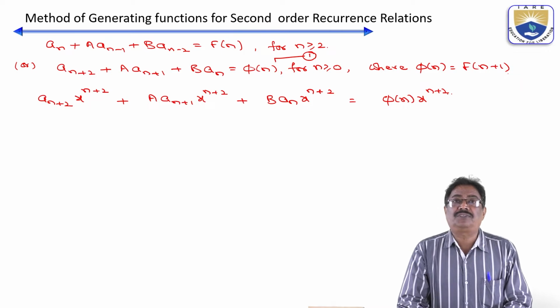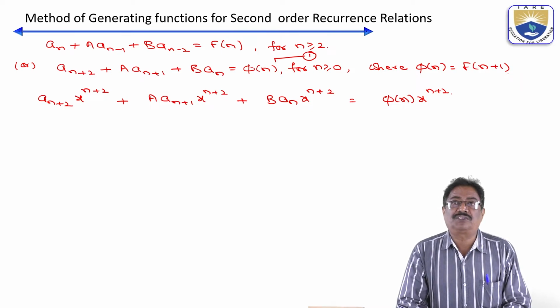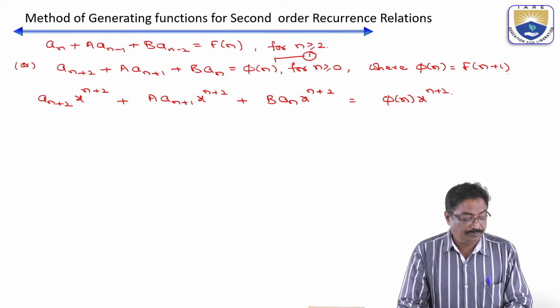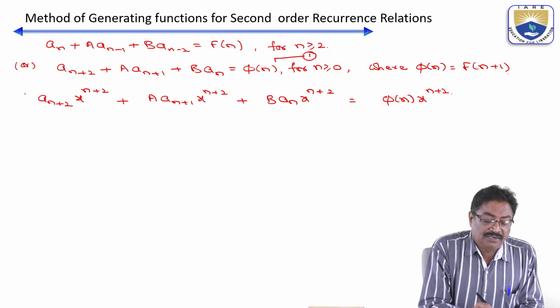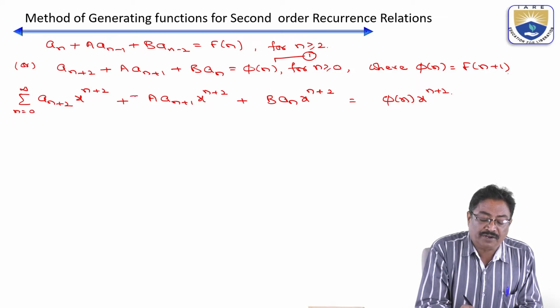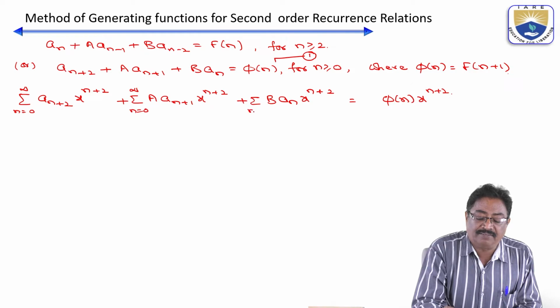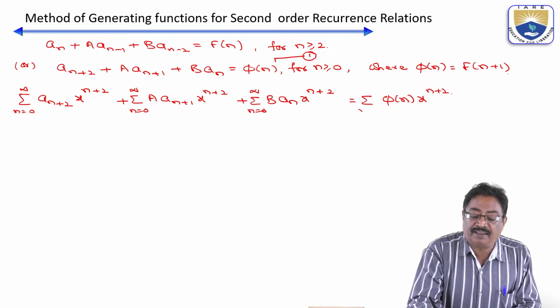So equation 1 is multiplied with x to the power of n plus 2. Afterwards, take the summation on both sides from n is equal to 0 to infinity.